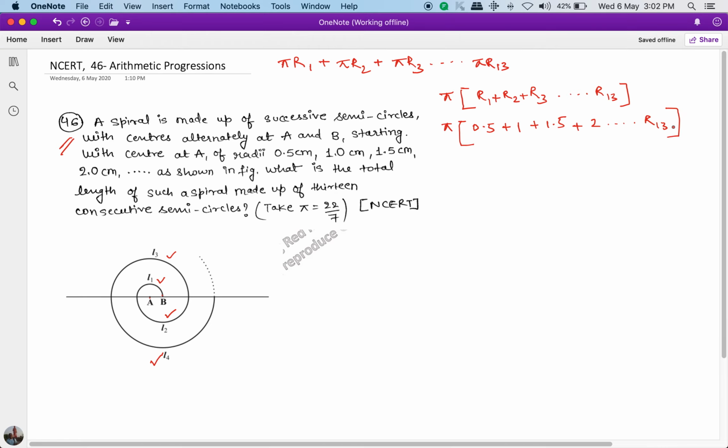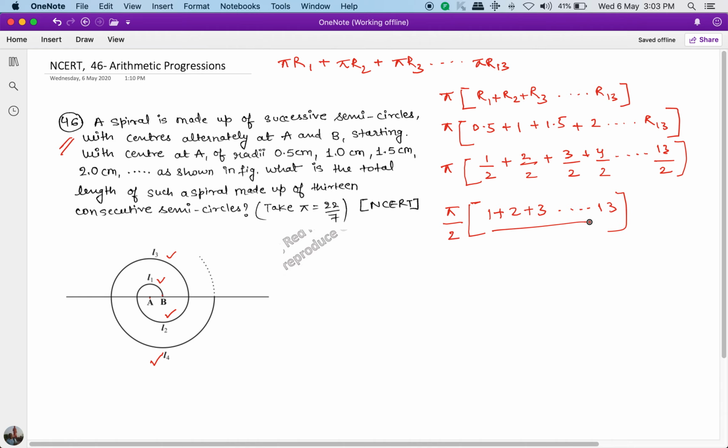But when I look at this carefully, 0.5 can be written as 1 by 2, 1 can be written as 2 by 2, 1.5 can be written as 3 by 2, this can be written as 4 by 2. So r13 will be 13 by 2. I take the 2 out common. What do I get? Pi by 2 times 1 plus 2 plus 3 all the way up till 13.